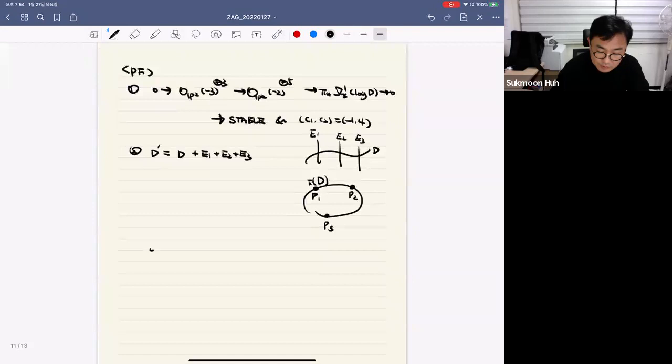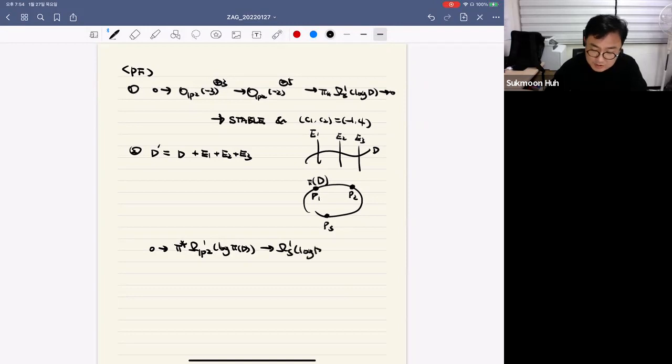Then we get the natural map from the pi pullback of the logarithmic bundle associated to the conic, which is the twisted tangent bundle, to the logarithmic bundle upstairs, log D prime, which is injective because our pullback is locally free.